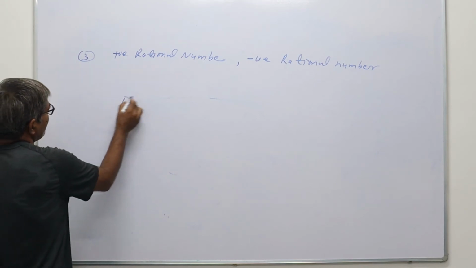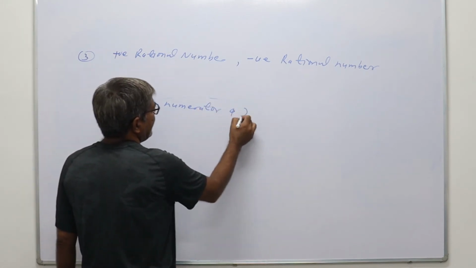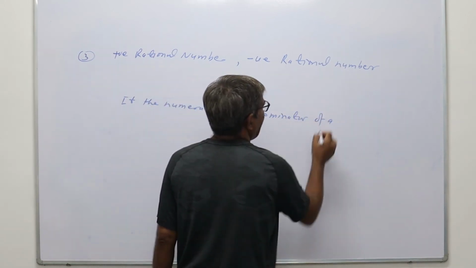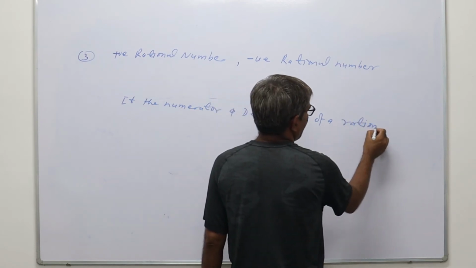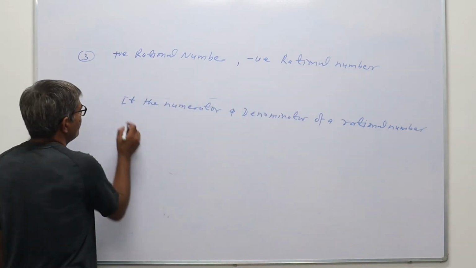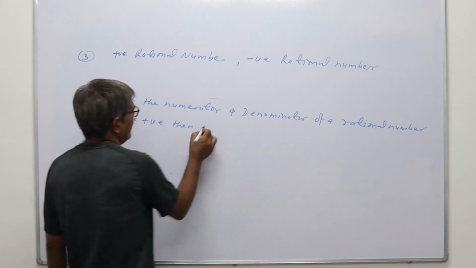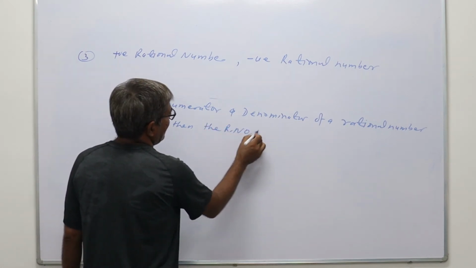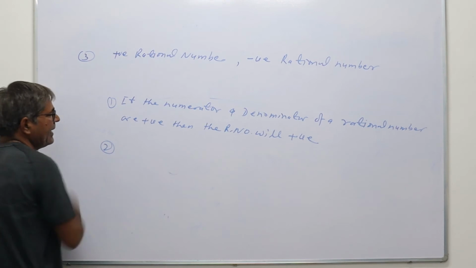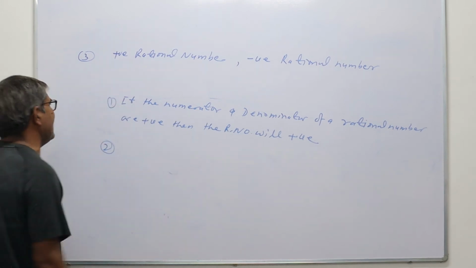If the numerator and denominator of a rational number are positive, then the rational number will be positive.